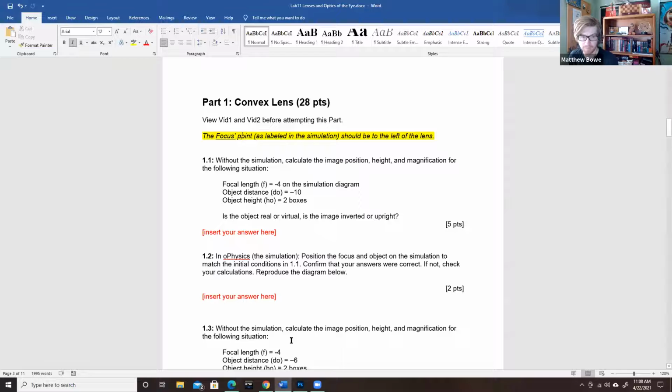All right. Then when we do these calculations, we have to make the distances positive. So this focal length right here, this regular f, let me show you that.